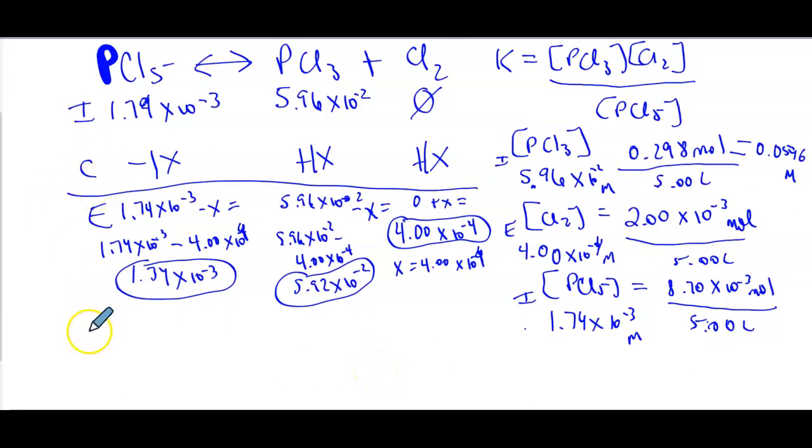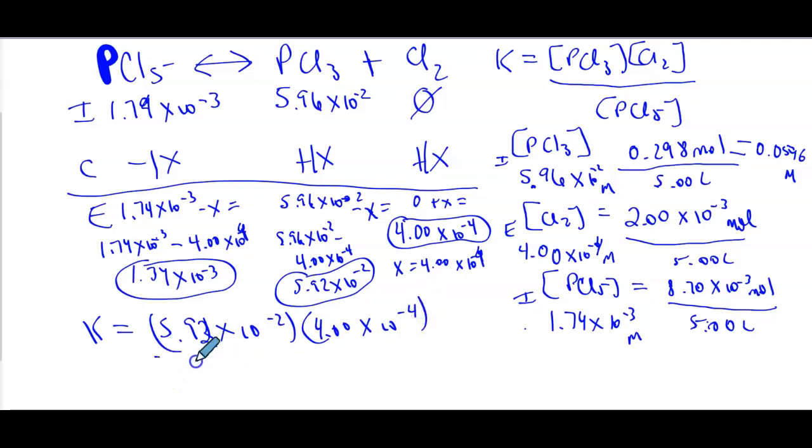So then I'm going to be able to say, now K equals, I'm going to do PCl3. My PCl3 is 5.92 times 10 to the negative second times Cl2. Cl2 was 4.00 times 10 to the negative fourth over PCl5, which is 1.34 times 10 to the negative third.